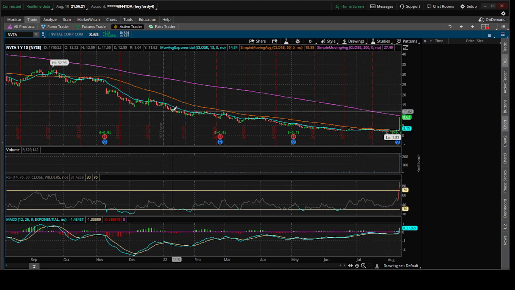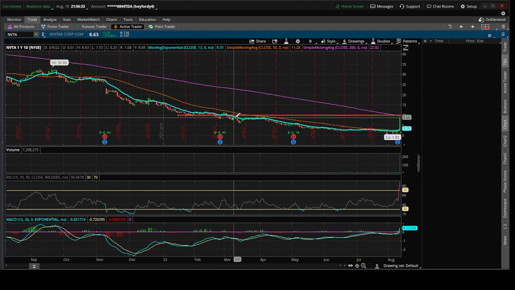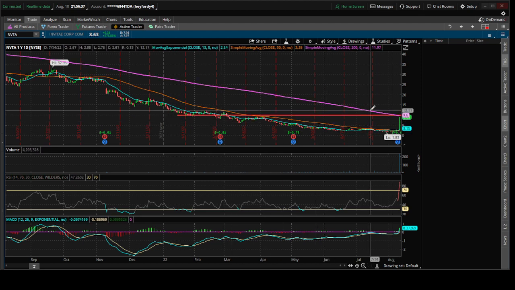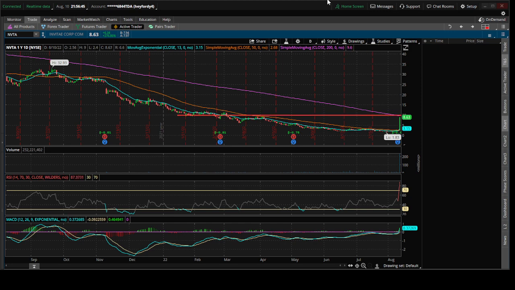So let's map out some areas of resistance or support. Right off the bat, I can see this 9.50, maybe even $10 area of resistance right there. You can see it was support, broke down, then got rejected a few times. You also have that 200 SMA going there that can act as resistance, and the RSI is very overbought at 87.